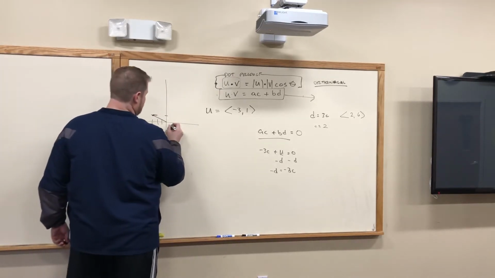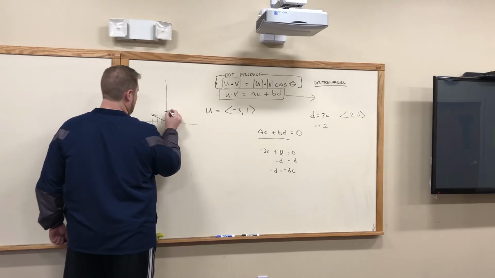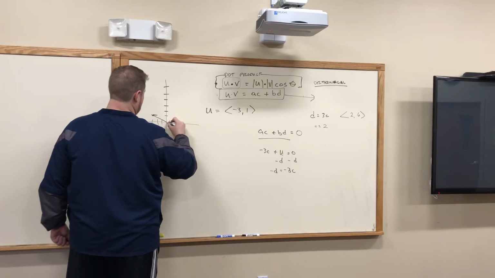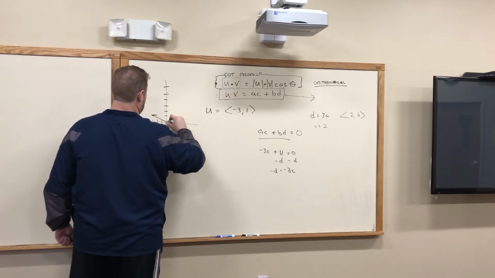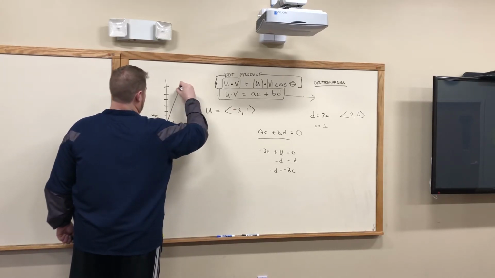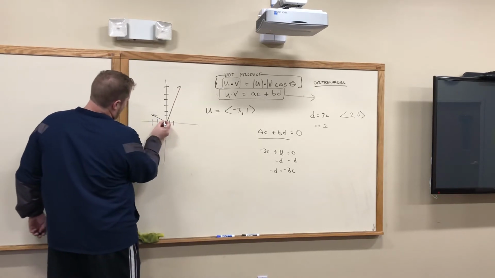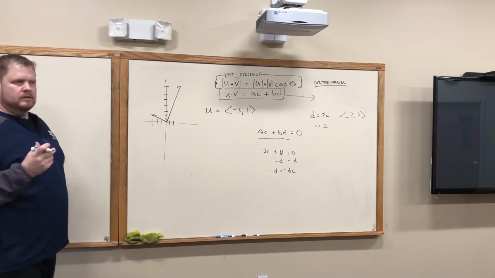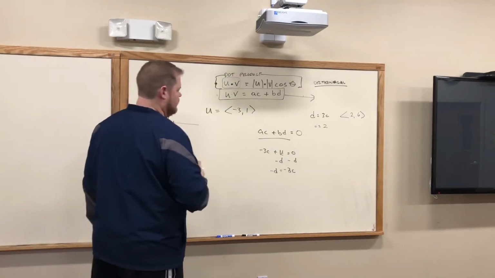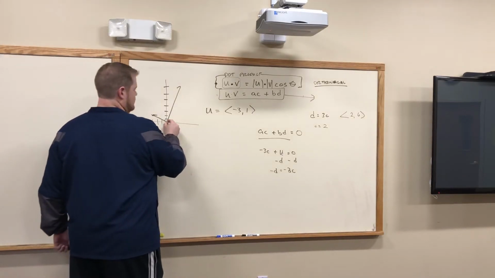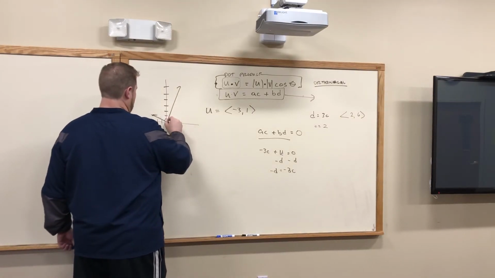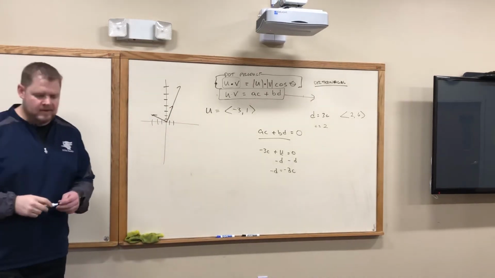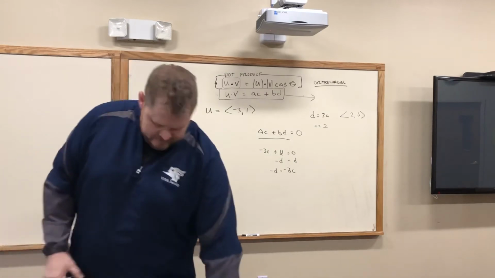So it goes 2 over, 6 up. See? Look how perpendicular that is. That was pretty close. Does everybody see how that works? So if I plugged in 1 for c, it would be 1 and 3. So there's multiple answers, but that's the goal and that's the desire there.